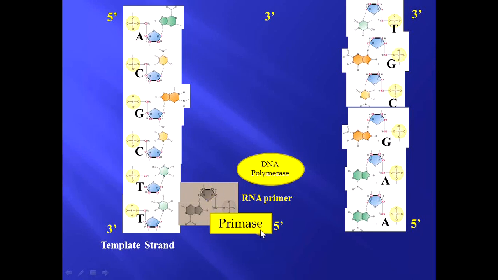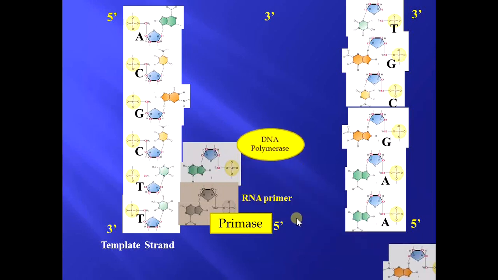We need primase to start the strand and let DNA polymerase continue that, because DNA polymerase needs to build phosphodiester bonds, those covalent bonds between the nucleotides in the same strand, and there's nothing to add a covalent bond to when there's nothing there.